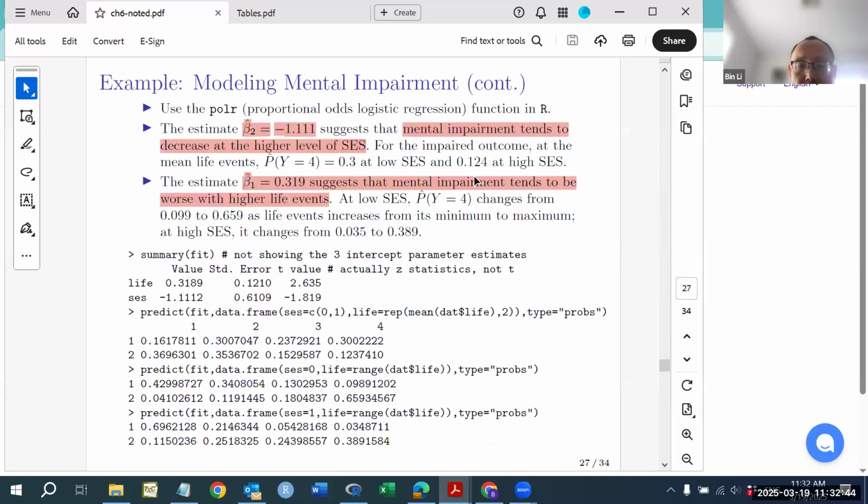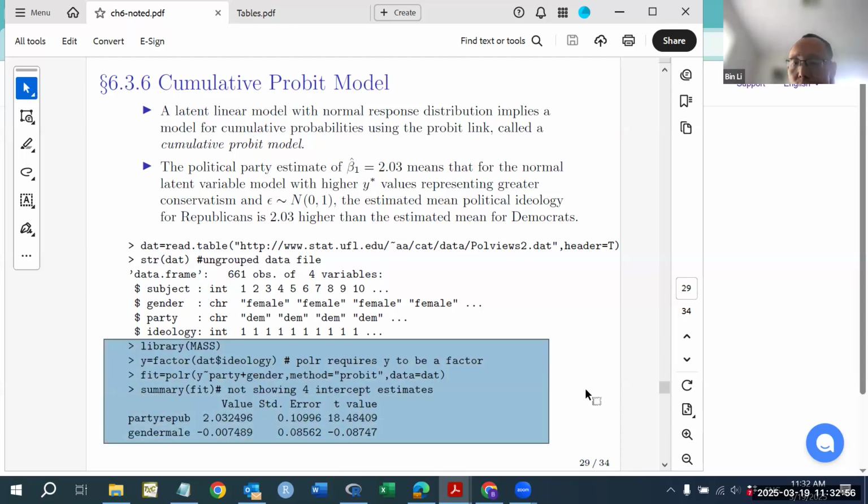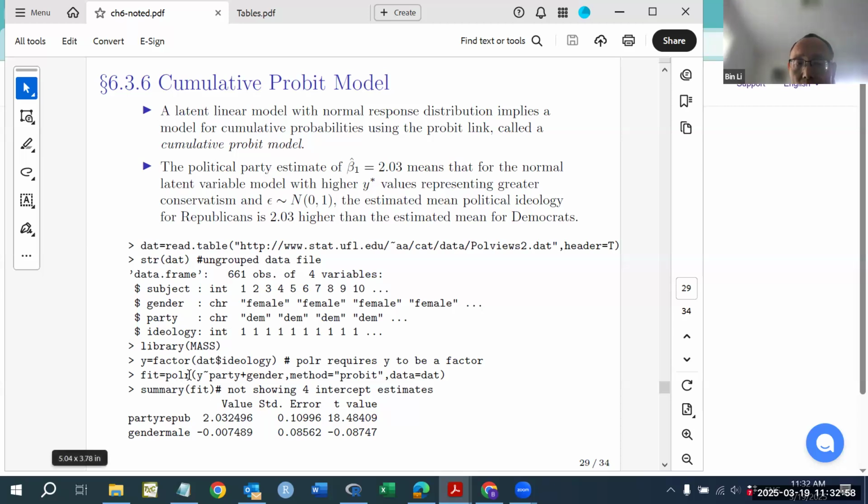So that's the difference. Now let's still use the political party example, using polr again, but this time the method is probit.